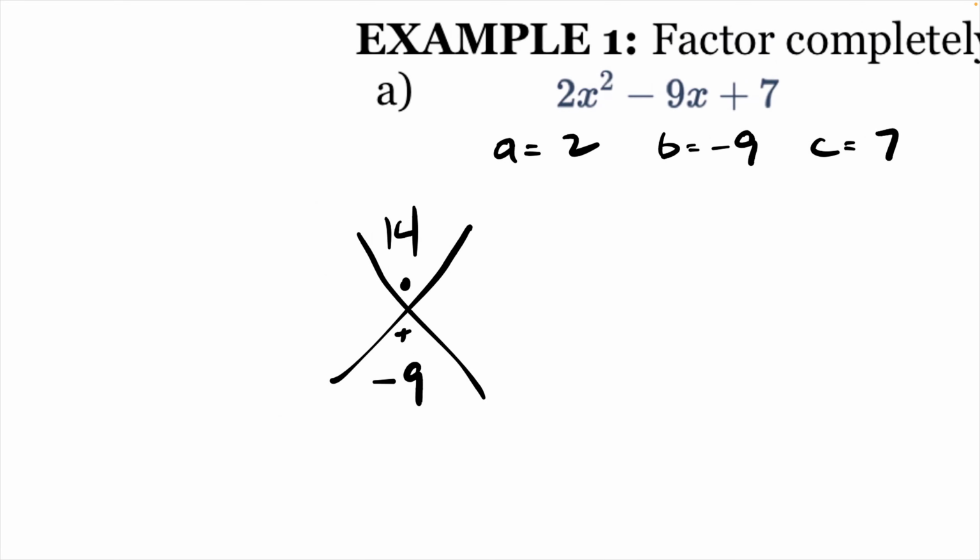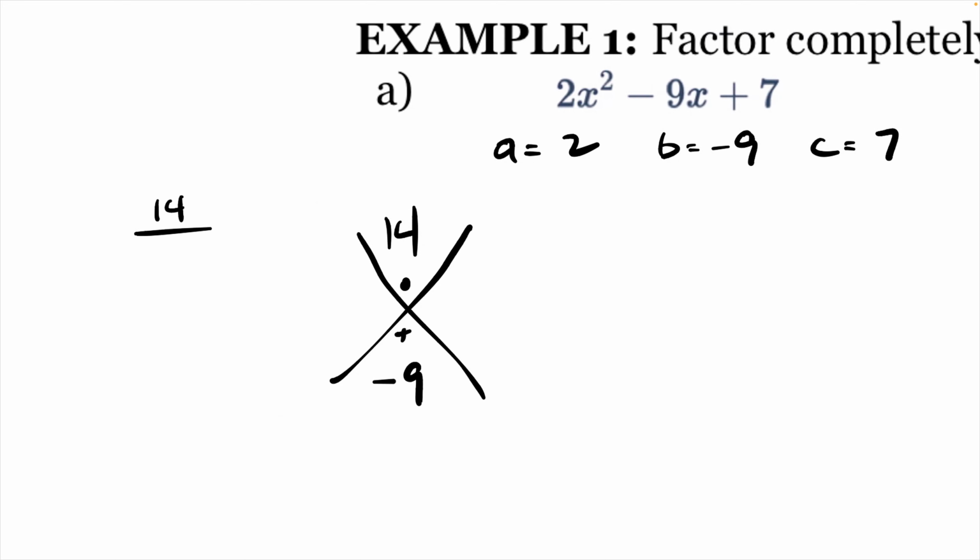So now you play the X game. The X game says, what multiplies to be 14? What 2 numbers multiply to be 14, but at the same time when I add them, also make -9? So it happens. Some of you guys know. If you know, just write it down. But let's say we don't know. This is what I do.